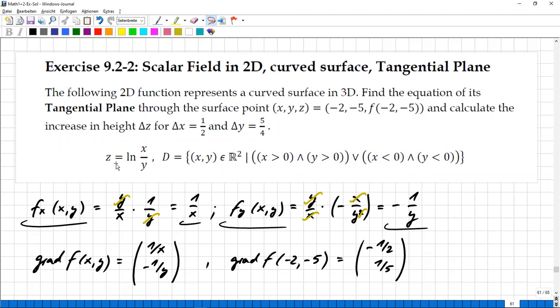The following 2D function represents a curved surface in 3D, of course. It's called a two-dimensional function simply because it has two independent variables, and the domain lives in the xy plane. So it lives in a two-dimensional vector space. And it's sort of a question of taste whether you visualize it using a third coordinate like z, or whether you don't, because z could also be something like a physical property, like, as I told you, temperature or charge density, things like that.